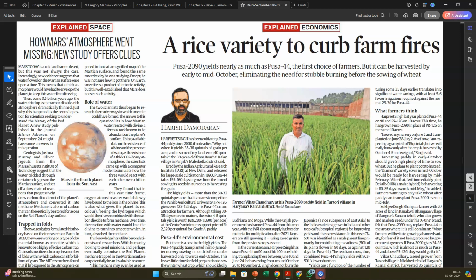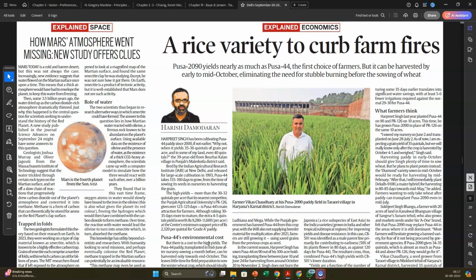But if the Kharif crop is going to take longer, especially in the case of Pusa 44, then the farmer will be forced to burn the residue so that he can clear the entire field quickly, and then use the soil for the wheat crop or the Rabi crop.